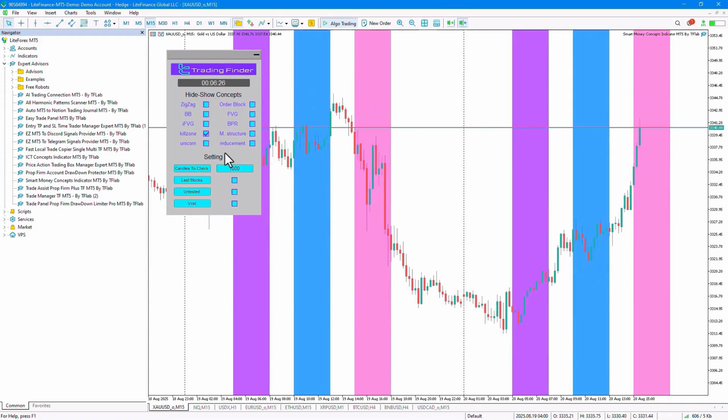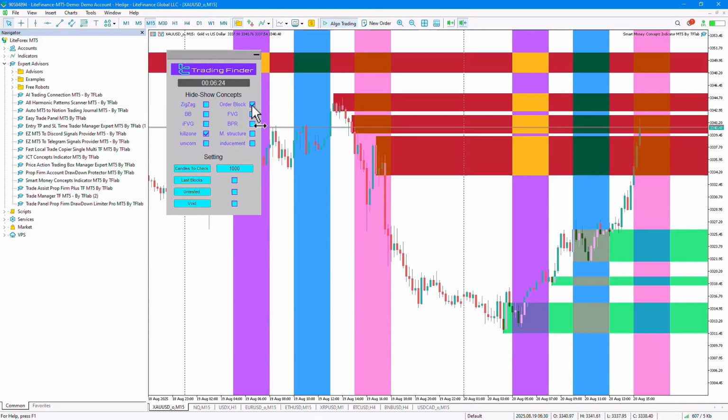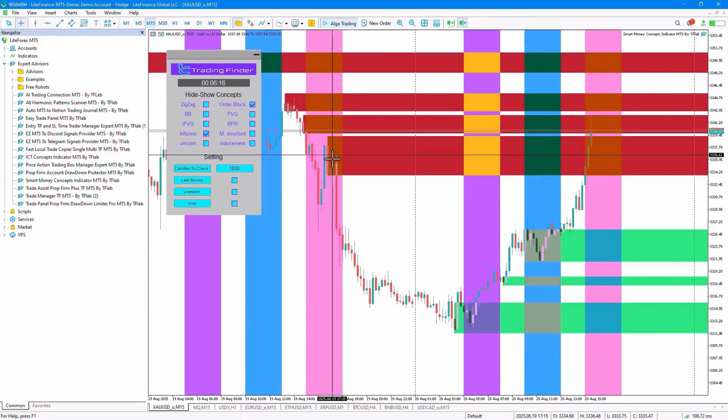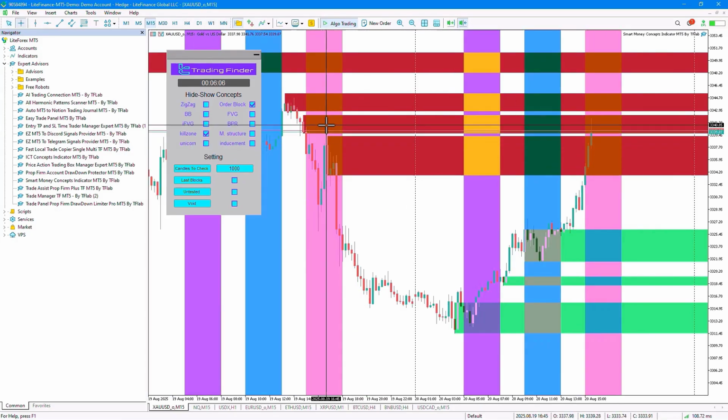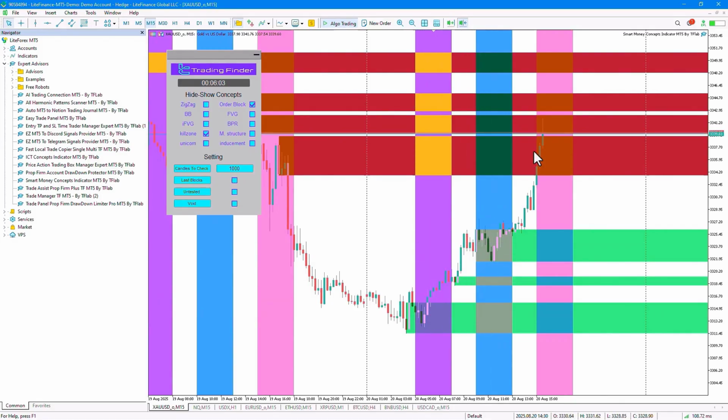For example, we can use a trading strategy. We can activate the order block mode or the FPG mode and focus on the areas formed within the kill zone regions. Here, two areas close to the New York kill zone have been identified, and if the price returns to these areas, we can expect price reactions.